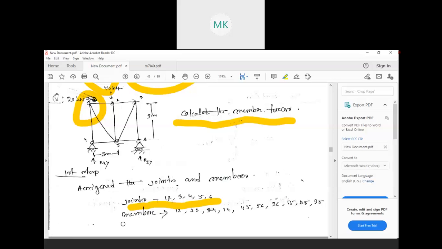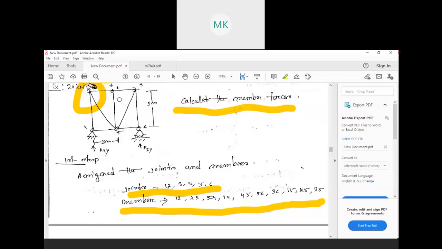Similarly, we write the members: 1-2, 2-3, 3-1, 4, like that. There are 9 members. So this is our first step: assigning the joints and members one by one. Now the first part is done.